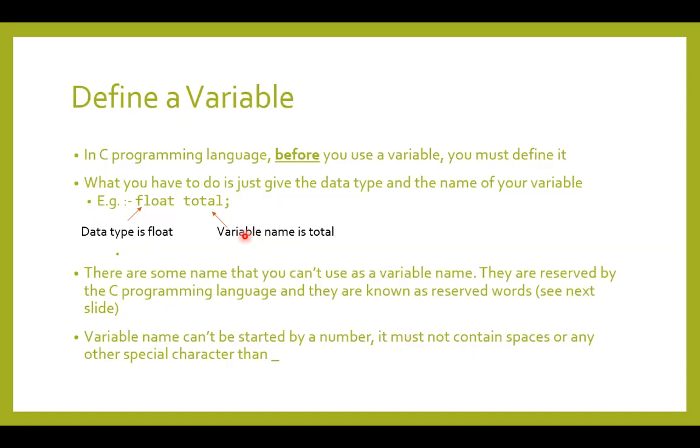Okay, now let's see how to define a variable. In the C programming language, before you use a variable, you have to define or declare it. There are some other programming languages where you don't need to declare variables; you can just use them.